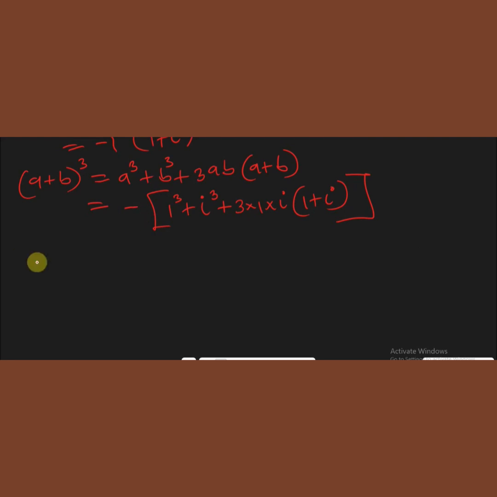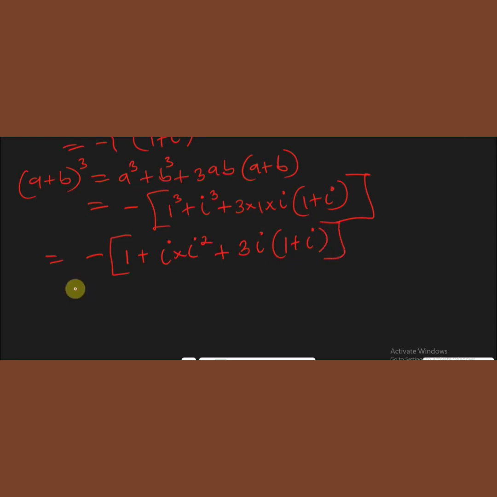Remember there's a minus sign here. So this is going to be minus bracket 1 cube is 1, plus i cube is the same thing as, remember, whenever you see i raised to the power of something, try to create i raised to the power of 2 so that you can replace it with minus 1. Then plus 3 times 1 times i is going to give me 3i, then brackets 1 plus i bracket close.